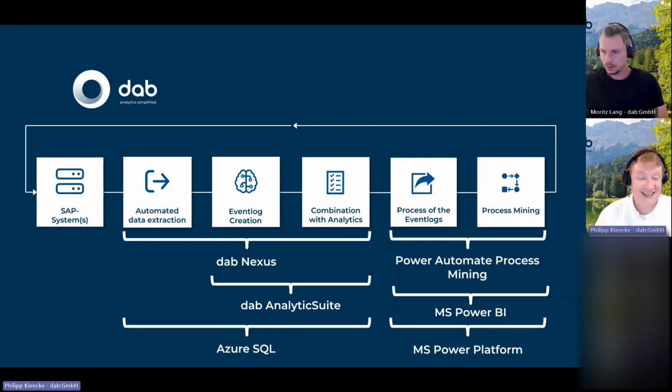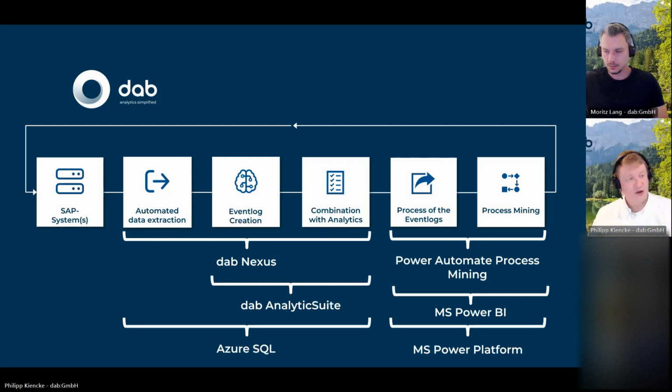So it extracts the data fully automatically when you have decided what kind of analytics you want to have. And then the event log is created. So it takes the raw data tables from the SAP system, pulls them out, and prepares them so that we get event logs. And an event log is just a data analytic, so it's also columns and rows.